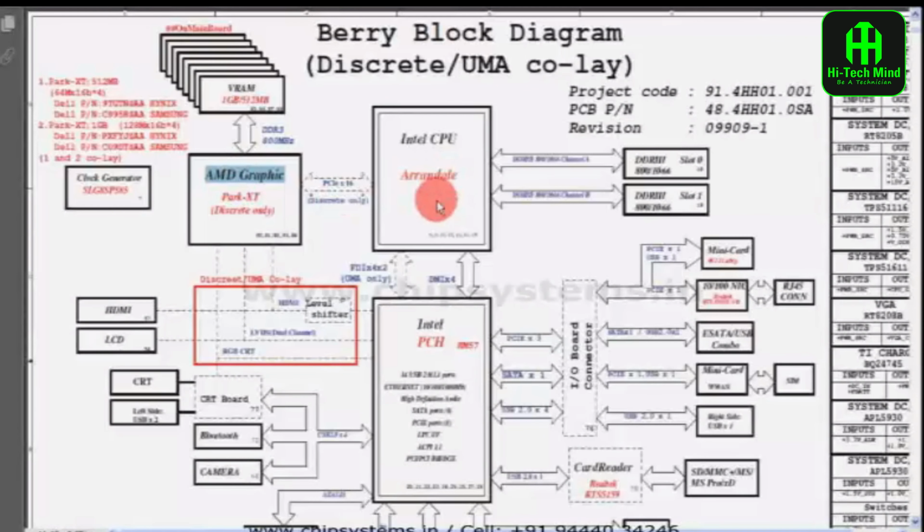AMD graphic is discrete only, that is, it is separated from the board. In the above diagram, we are seeing VRAM, that is video RAM. It has a capacity of 1 GB to 512 MB. DDR memory is called system memory.